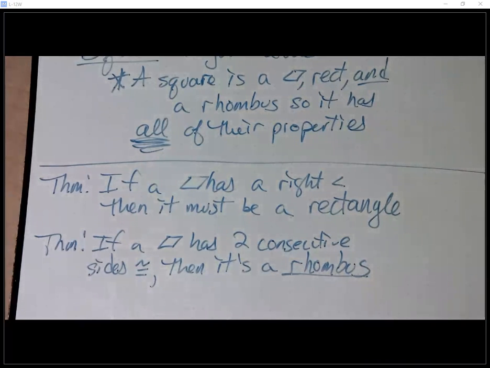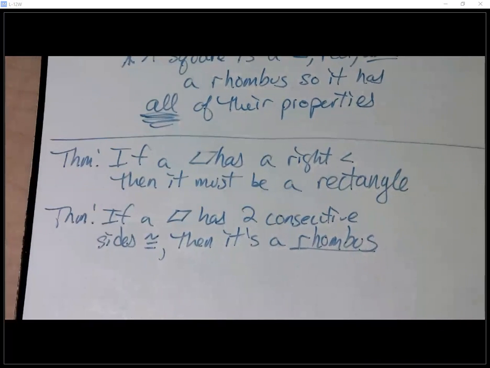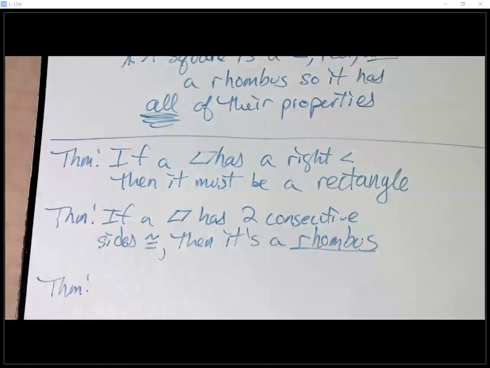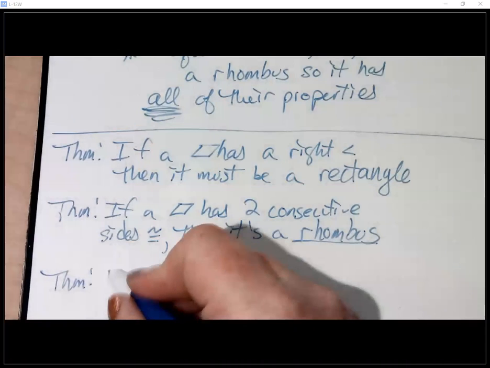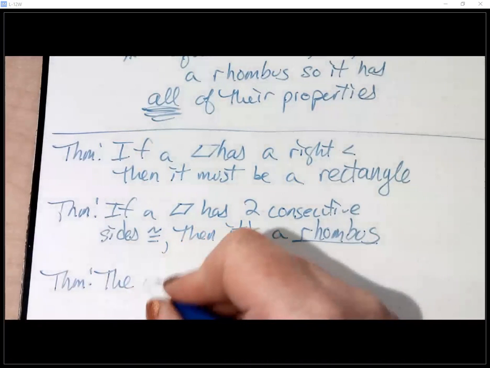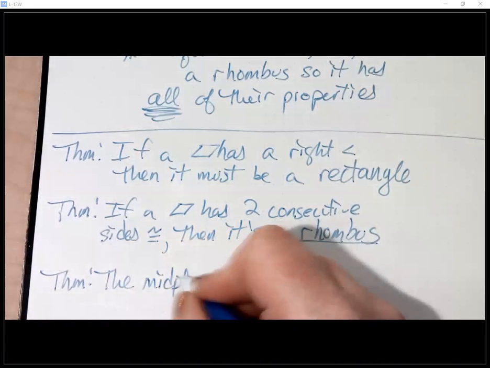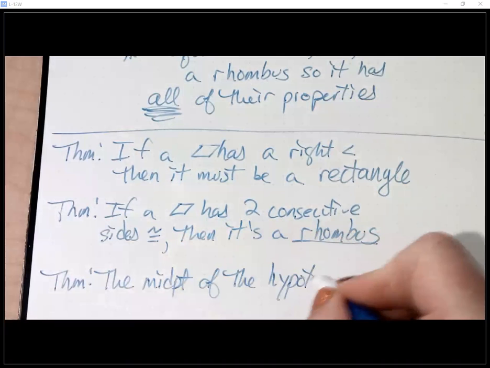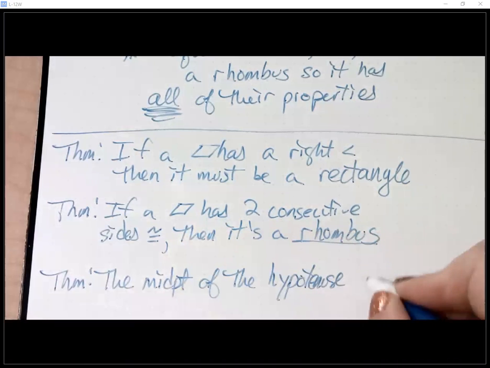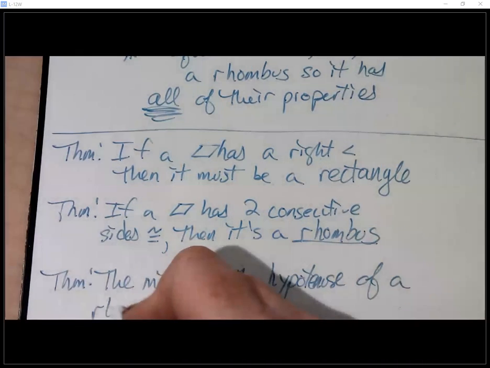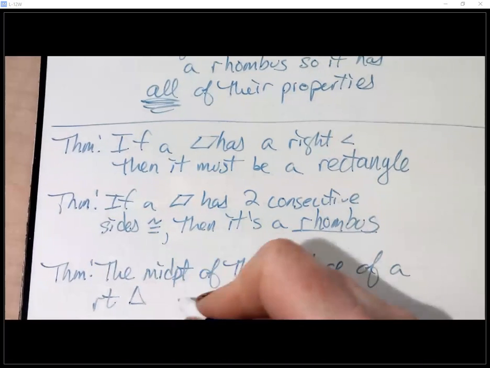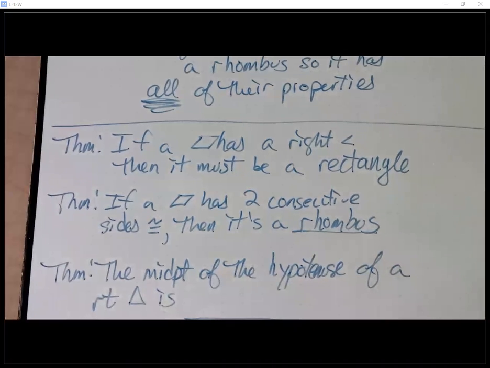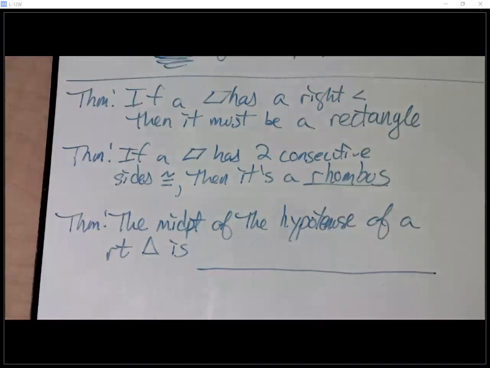And then the last one, we're going to talk about why this is tomorrow. This one's kind of wild. The midpoint of the hypotenuse of a right triangle is, so for now, I just want to fill this in and then we're going to explore why this is tomorrow.